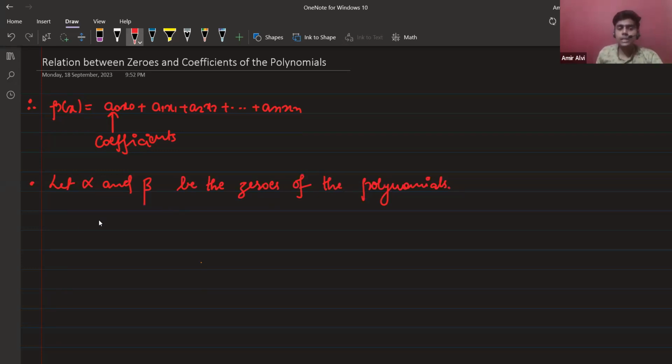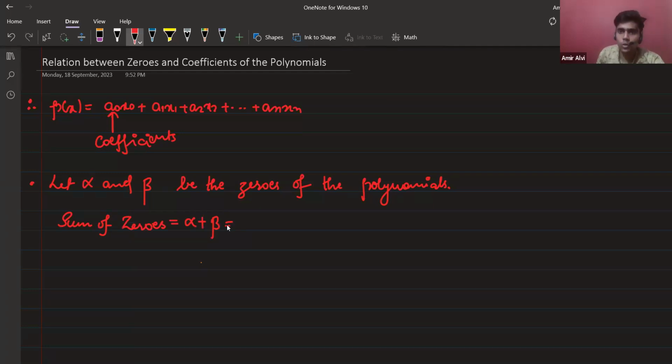So we have basically two relations between these zeros and the coefficients. First one is called sum of zeros. Sum of zeros will be alpha plus beta, yes or no?